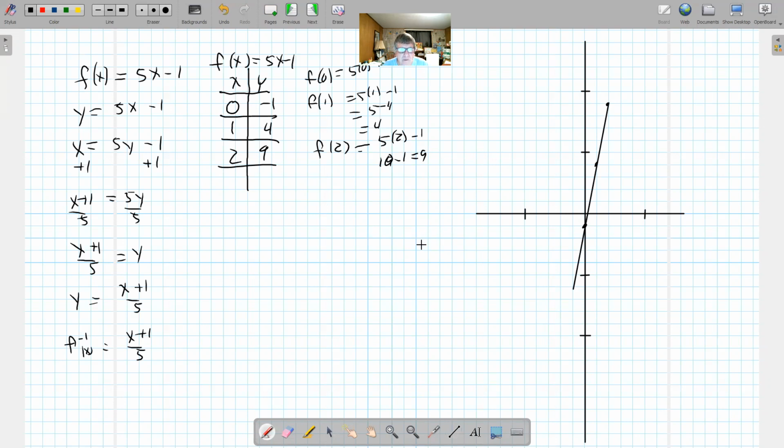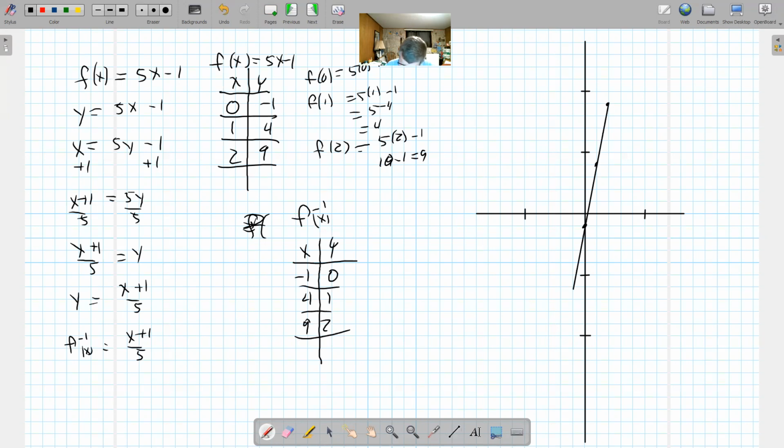All right, now let's take f inverse of x, and in fact, we could go ahead and just assume, based on what we did before, that those points would be solutions.